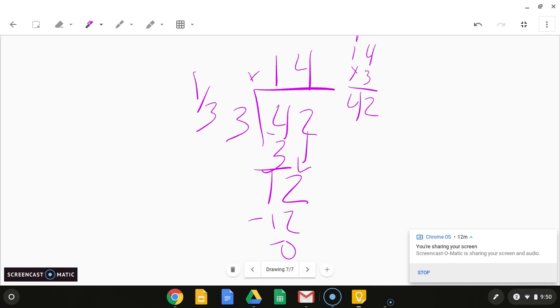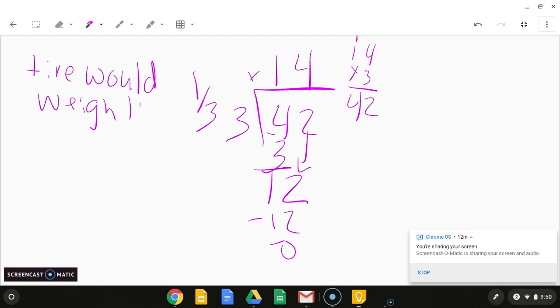Now it says 1/3. So what that means is that the tire would weigh 14 pounds less, but that doesn't tell us how many pounds it would weigh. We have one more step. We know it would weigh 14 pounds less, but that's not my answer for this question.